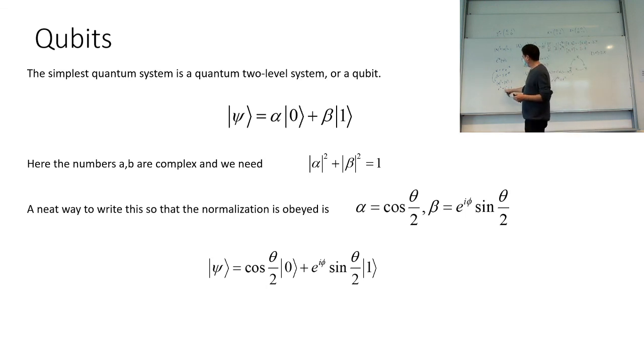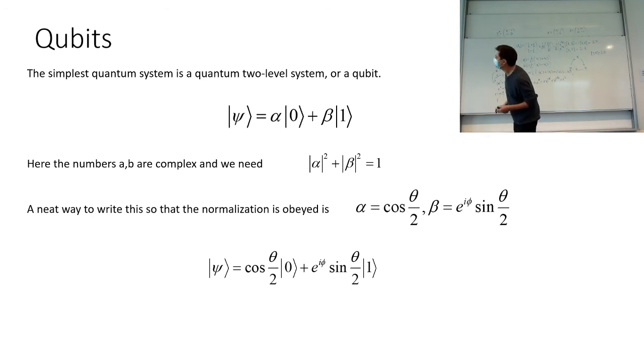For r and s, because this looks like a cosine-sine relation, I could equally write r as cosine theta over 2 and s as sine theta over 2. If I write it like this, then this chi I can factorize out of the whole thing.